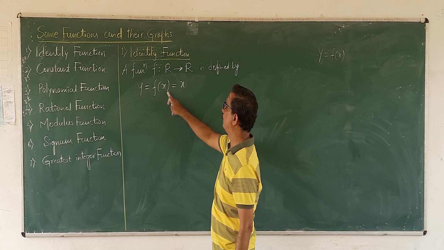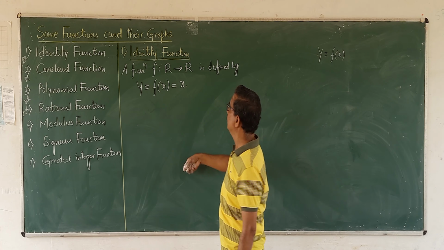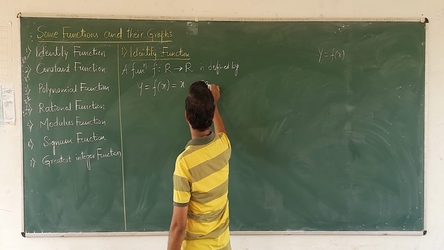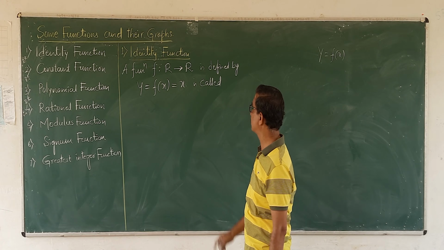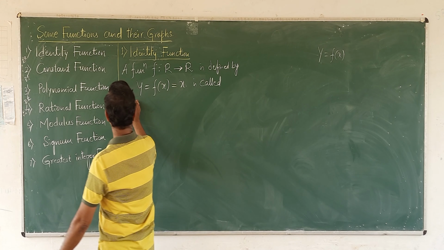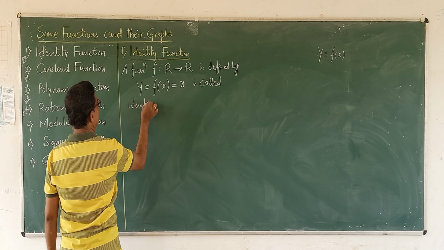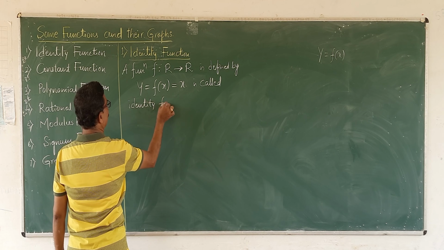That f of x value by taking say x is called identity function. Remember, a function f from R to R is defined by y is equal to f of x, that is equal to x, is called identity function. This is 1 mark.